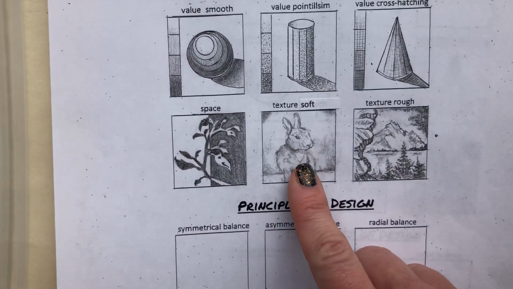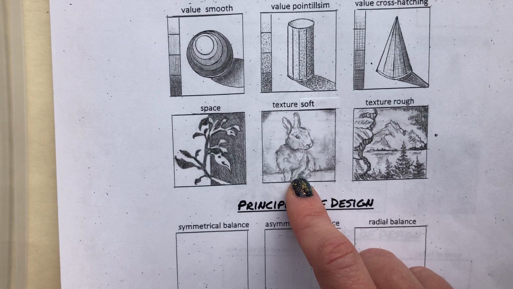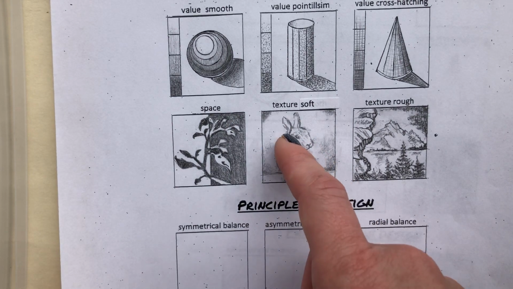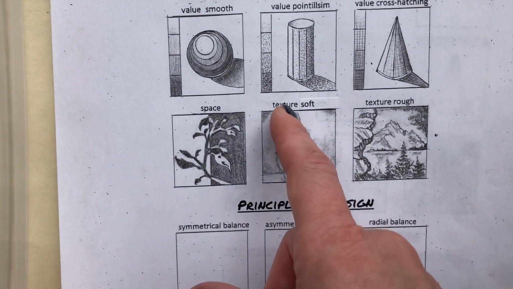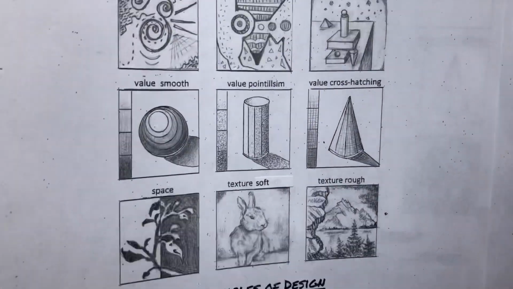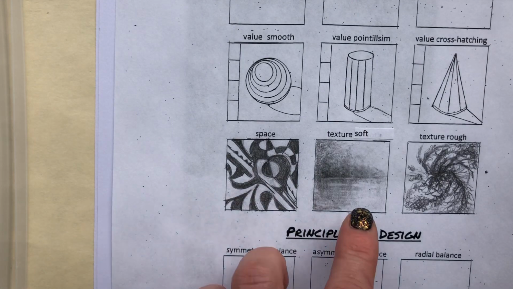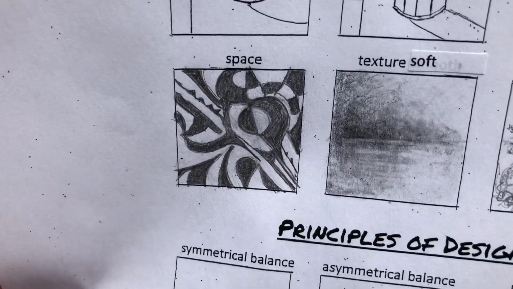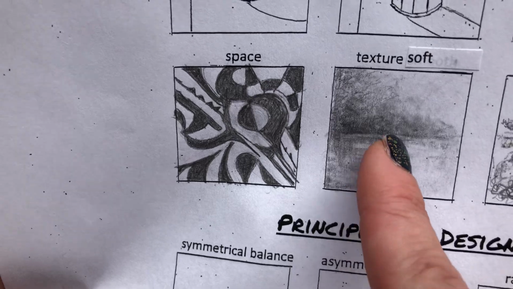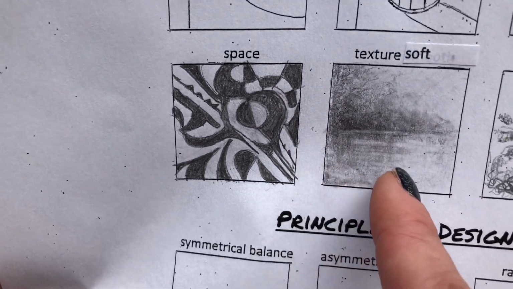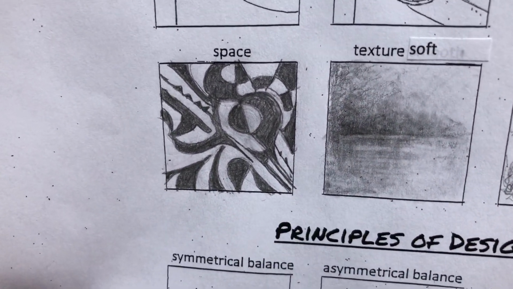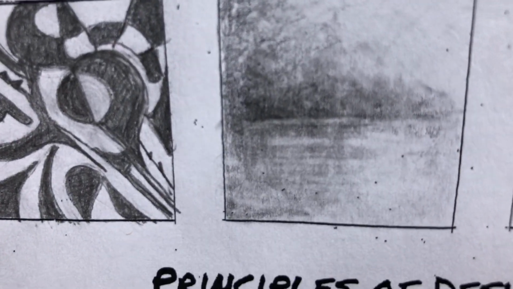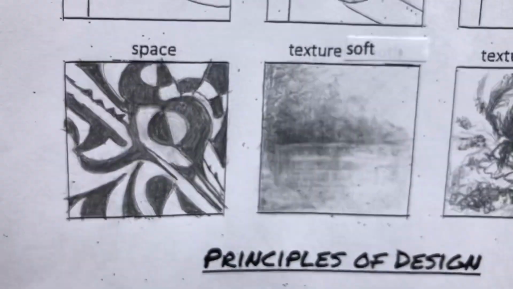One thing I would encourage you to do, if you do something representative or abstract, is have your main image in the foreground and have things in your background to support it and make it look balanced. Here with my texture, it almost looks like an outdoor scene. I didn't intend it to be that way, but this is a soft example of texture, with rounded lines, and you can see what I did with space.